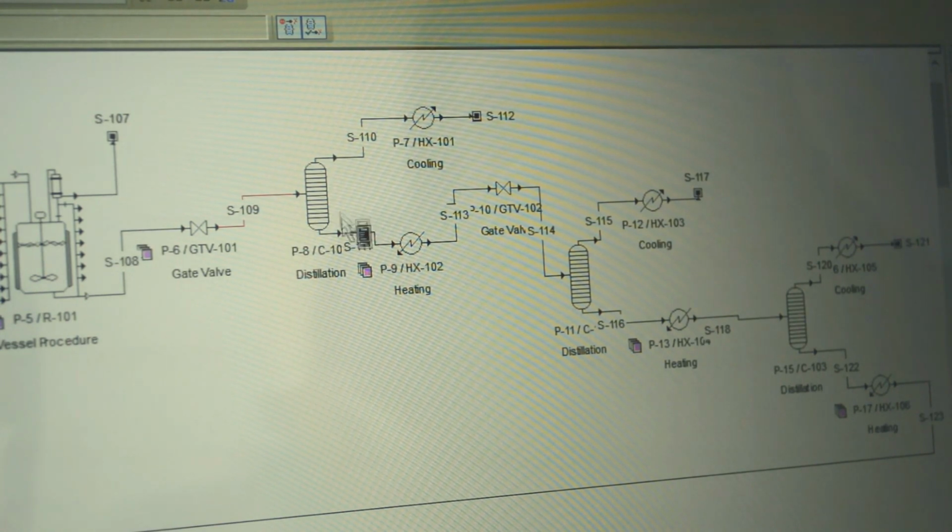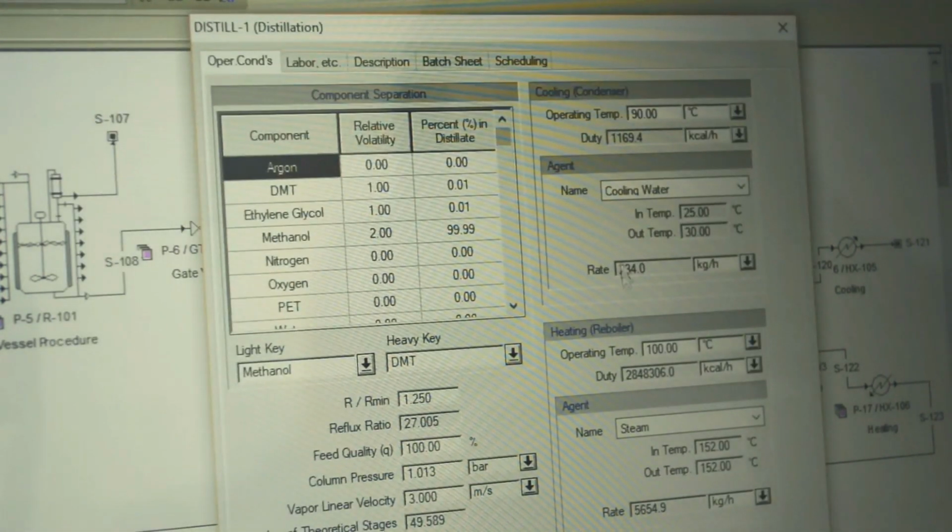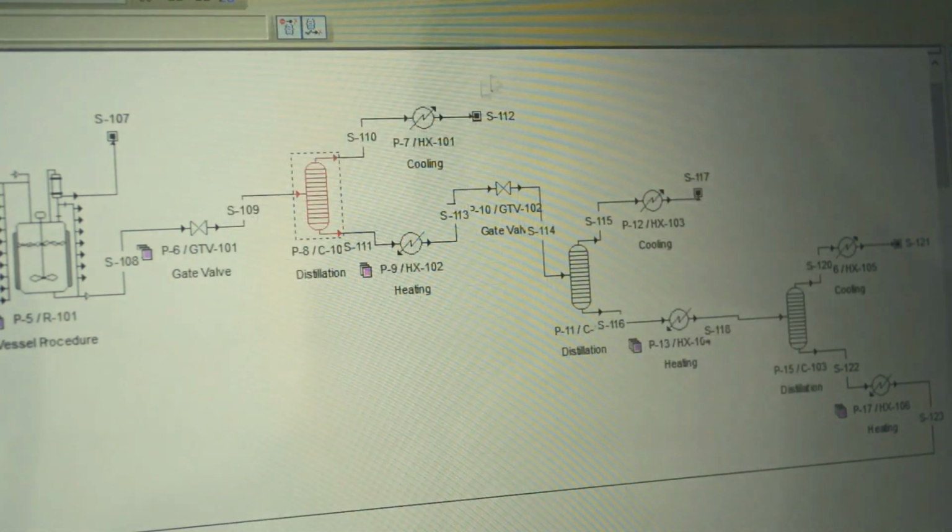The light key of the distillation column is methanol and the heavy key is DMT. 99.99% of methanol was separated as the overhead stream.